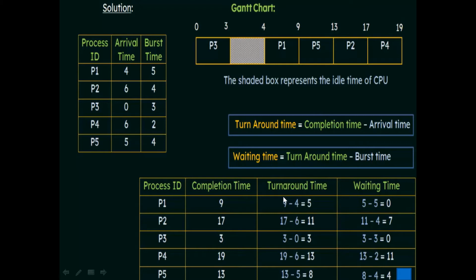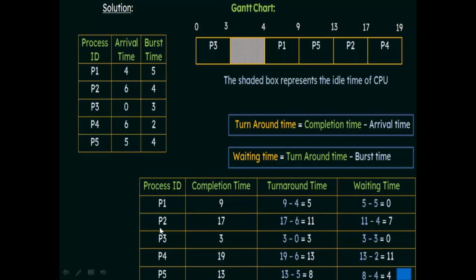So turnaround time is calculated using the formula completion time minus arrival time. The completion time we have calculated from the Gantt chart, and the arrival time is already given in this table. So the turnaround time is 9 minus 4 is equal to 5.